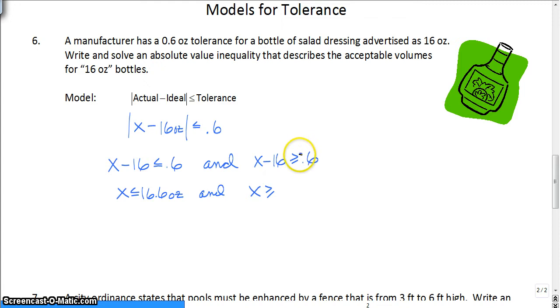I'm sorry, this was supposed to have a negative 0.6. Okay, so anything between 15.4 and 16.6 ounces would be acceptable. Anything outside of that range would not be approved by this company.